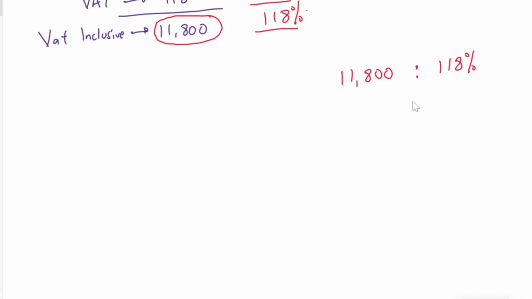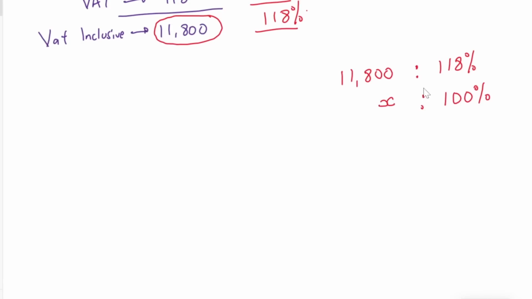I am interested in finding the VAT exclusive figure, which is represented by 100%. So if 118% is represented by this VAT inclusive figure, what about 100%? What is it going to be? I do not know. I'm trying to look for this figure.